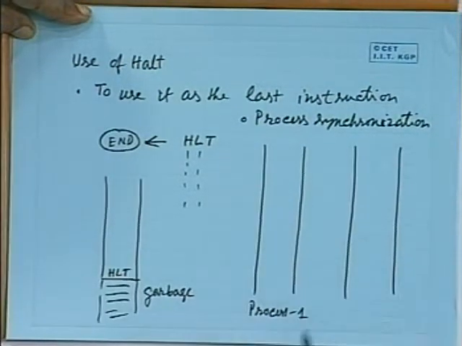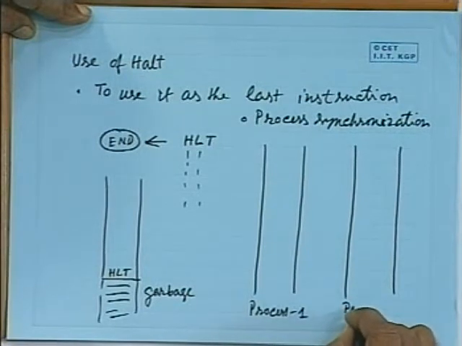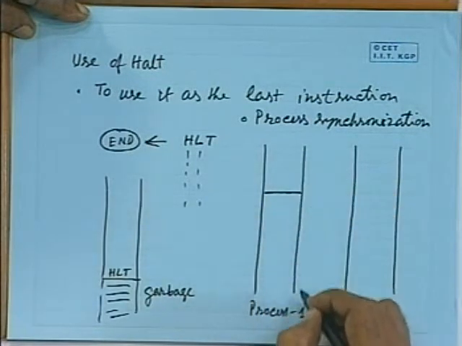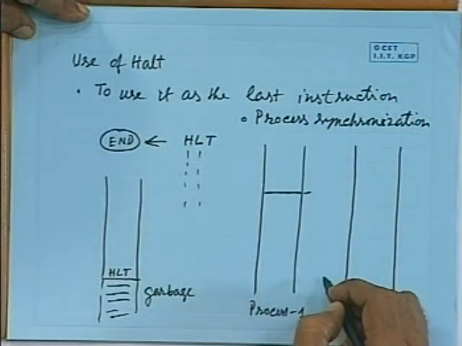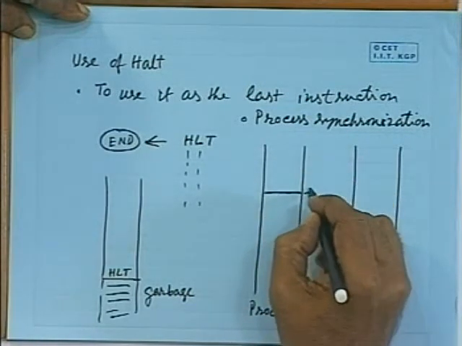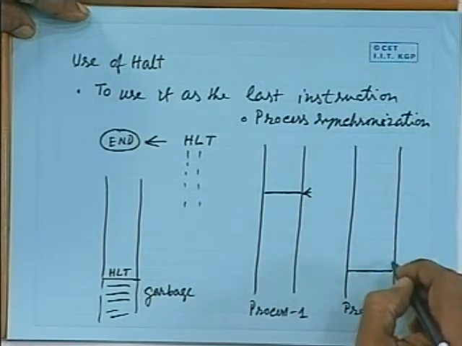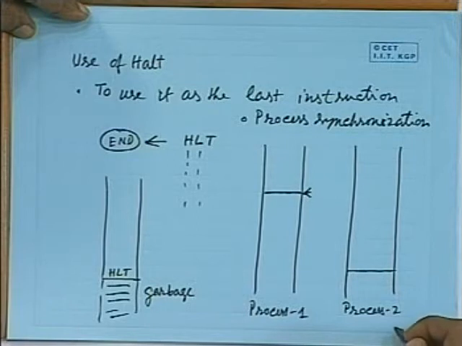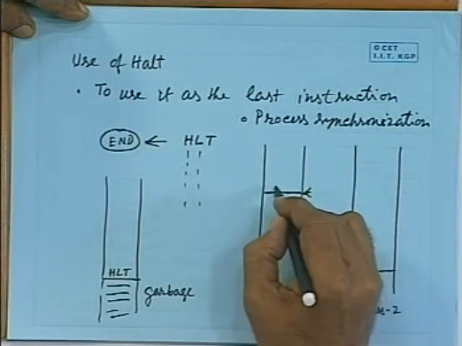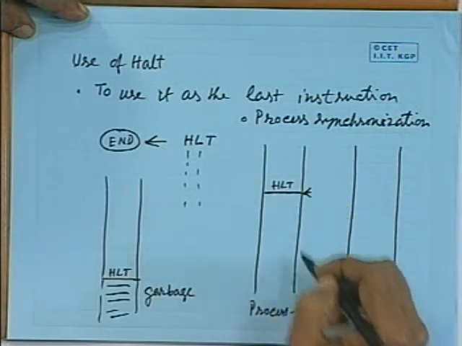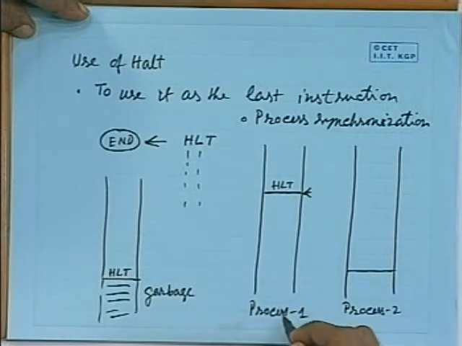There is another process being executed in another processor. So, this is process 2. After a particular point is reached by processor 1, you want it to be synchronized with this process when it reaches this point. What you can do, you can put a halt here. So, after execution of instructions up to this point, process 1 will stop execution here.